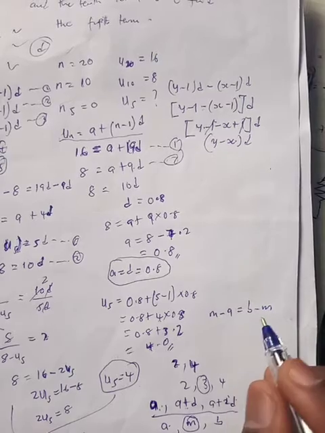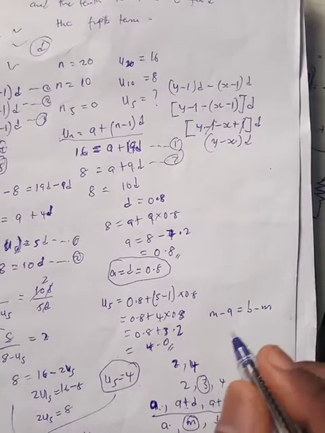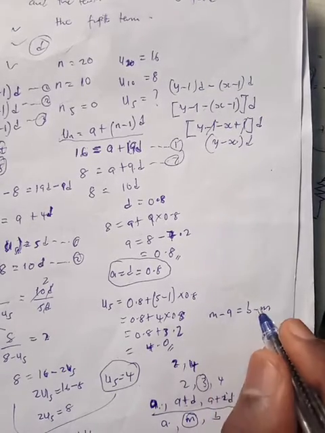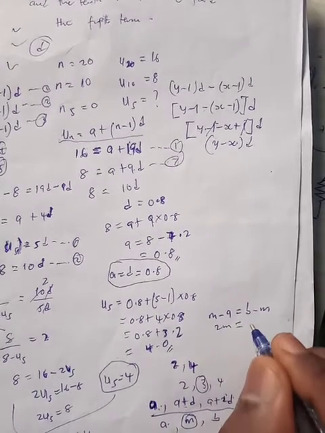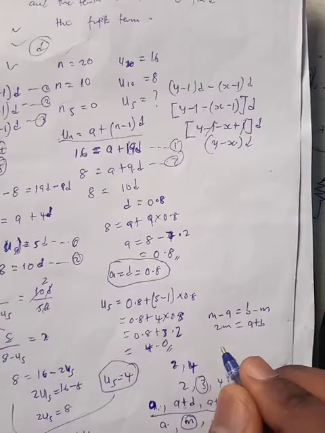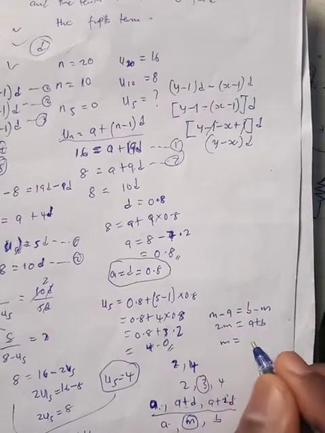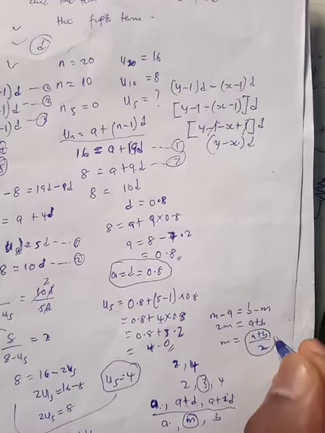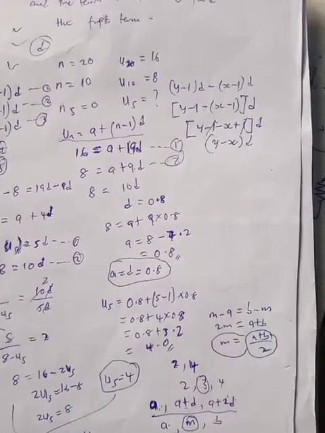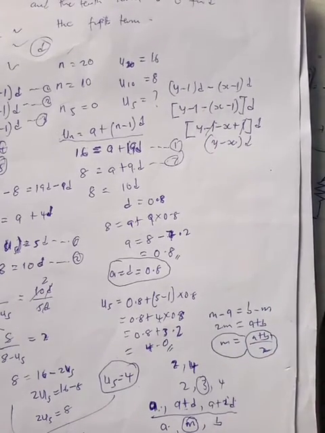So we will get this. Then rearranging, we'll have 2m equals a plus b, then m equals a plus b all over 2. So this is the arithmetic mean formula.